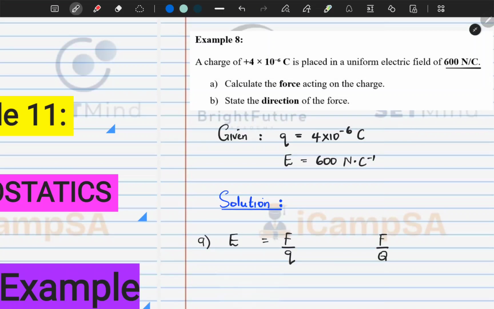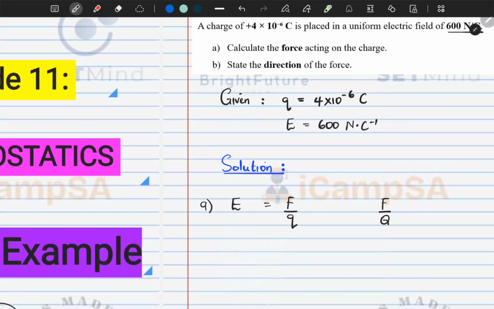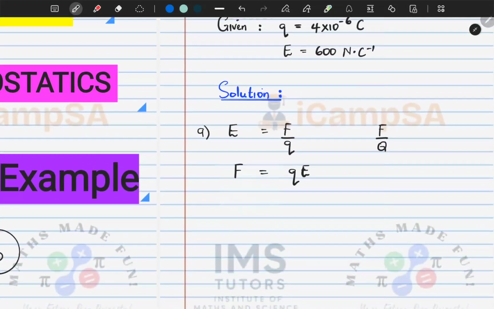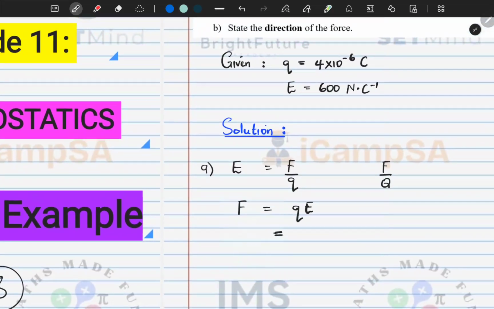It's up to you. Now we want force, so we can make force the subject. We can say F is equal to Q times E, and then from there we can substitute and find our answer.